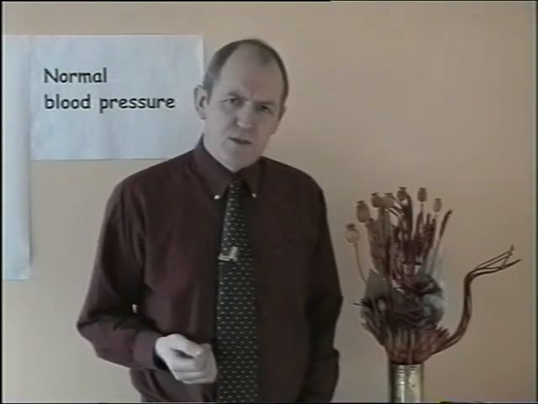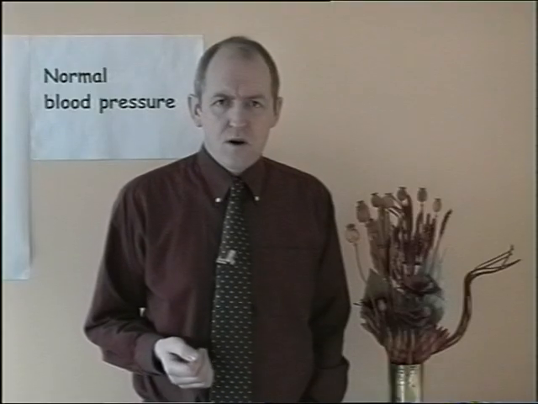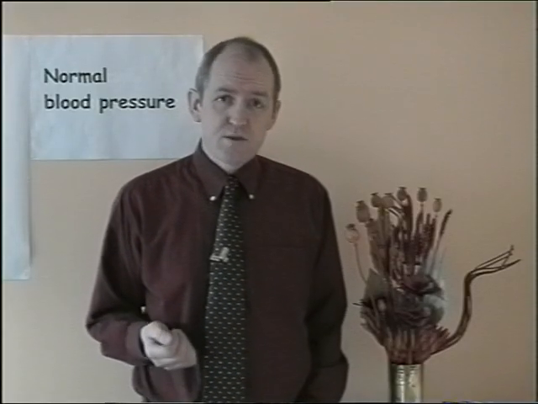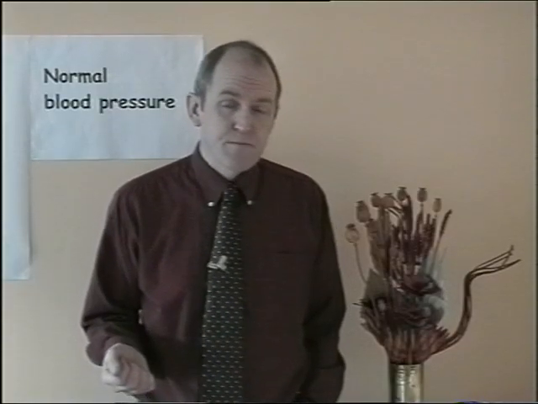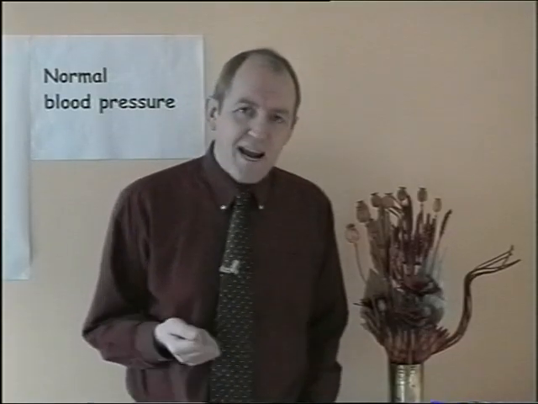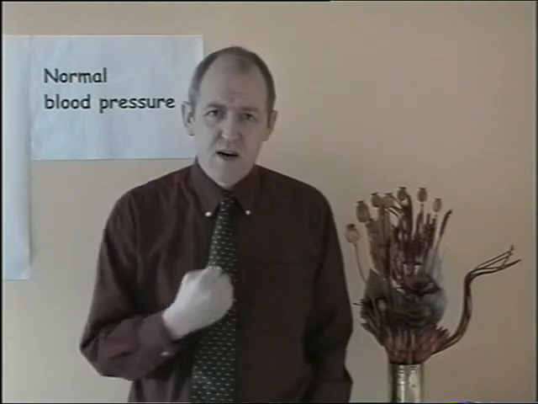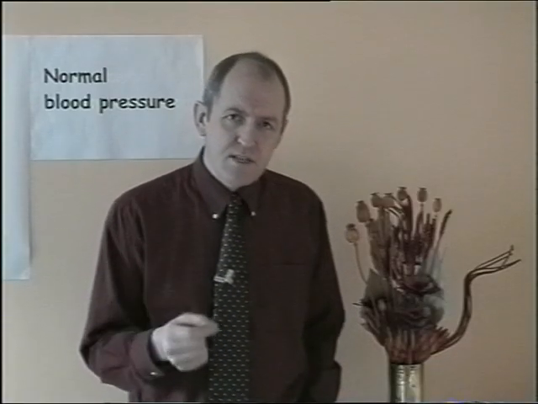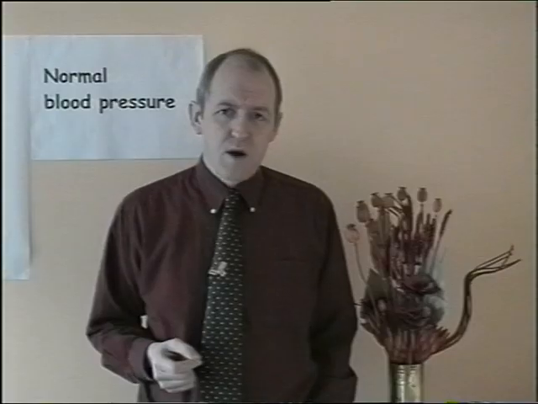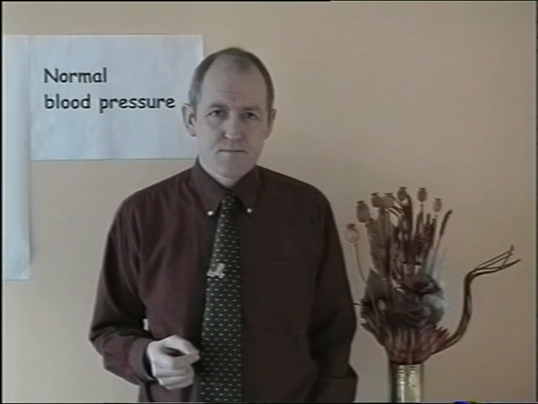So, for example, if someone's under stress or angry, this will tend to increase the activity of the vasomotor center, therefore increasing blood pressure. Or if someone's anxious, when you're anxious, your heart's beating fast, you can feel your heart beating. These are effects of the vasomotor center increasing blood pressure when you are anxious.